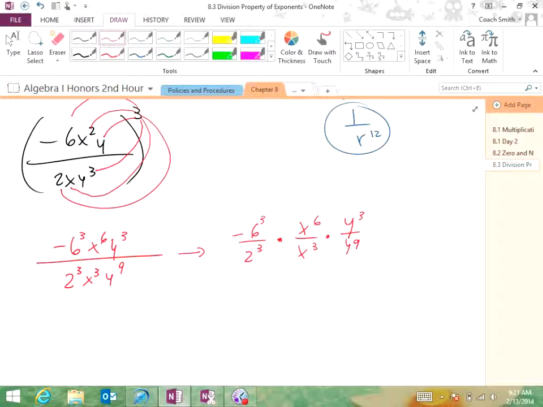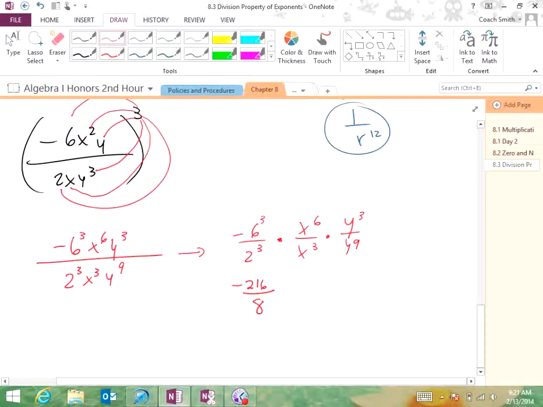Now 6 to the third would be what? Negative 216.